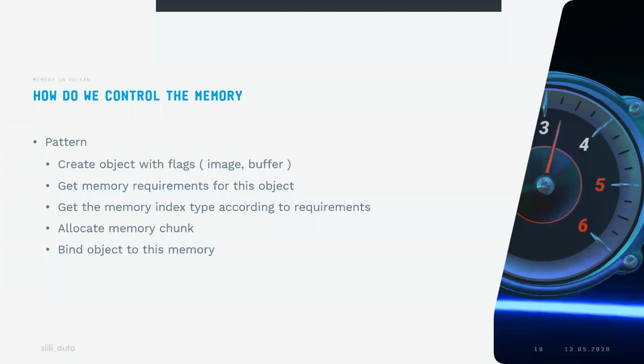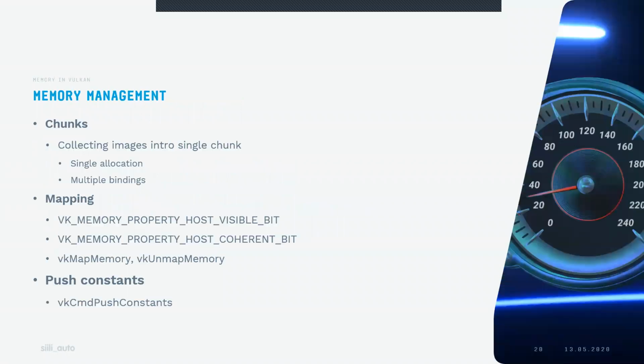After that, you allocate the memory with the size you want, and you bind the object you created in the first step with this memory. So this is a common pattern for images and for buffers. Of course, just like in the case of OpenGL, you want to keep the number of memory chunks as low as possible, putting multiple meshes into single buffers.